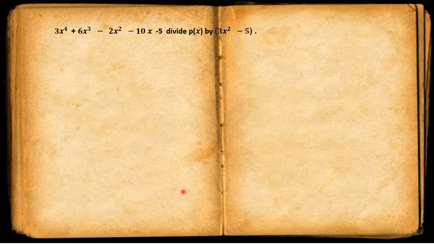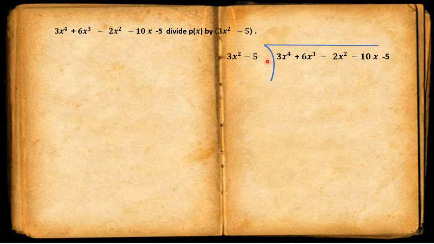So we divide 3x raised to the power 4 plus 6x cube minus 2x square minus 10x minus 5 by 3x square minus 5. What will we get here? The exponent of the dividend is x raised to the power 4, and the exponent of the divisor is x raised to the power 2.